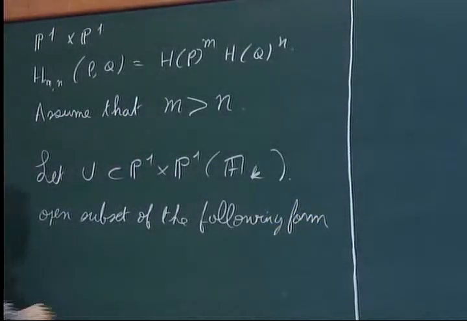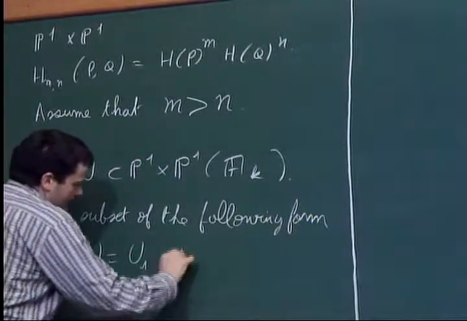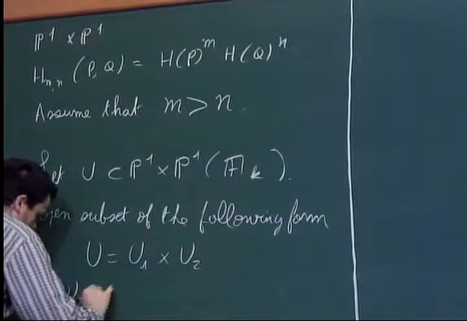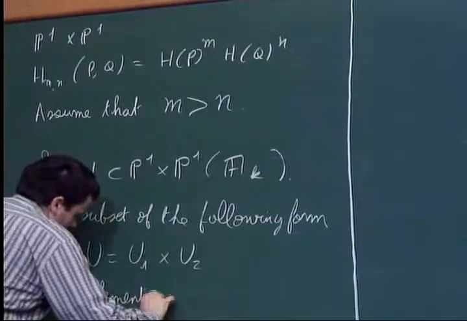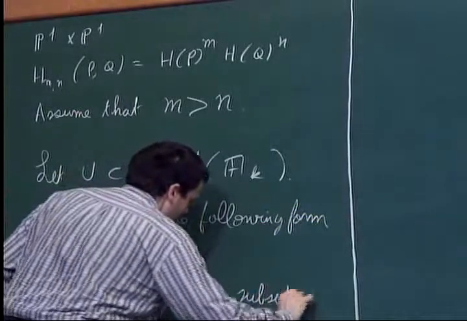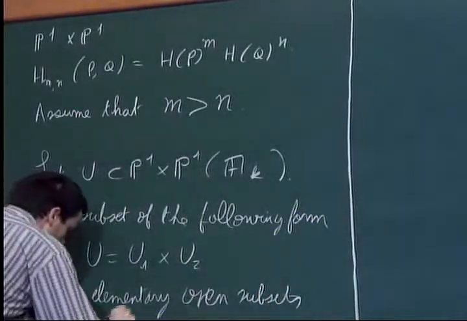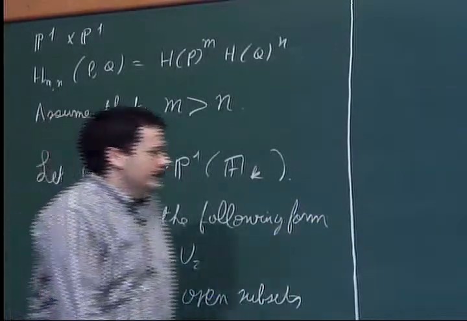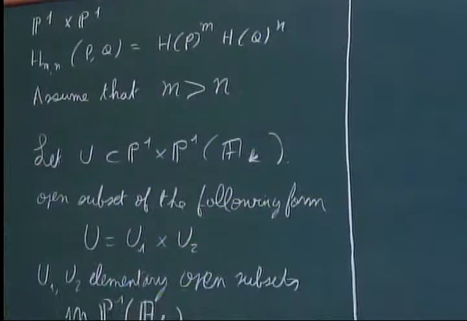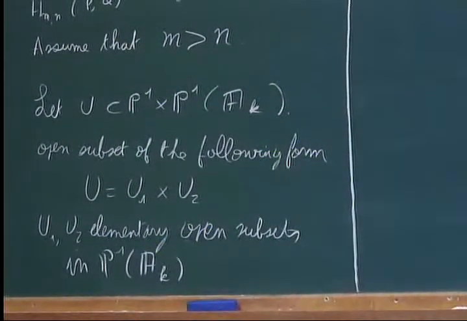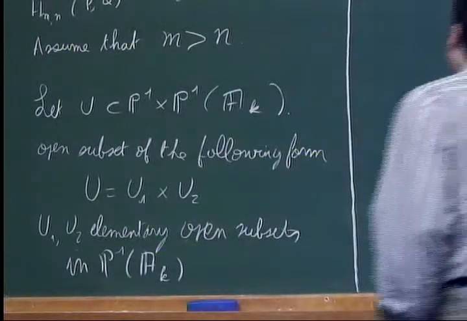So I take it to be a product of two, in fact, elementary open subsets in the adelic points of the projective line. So in that case, I proved yesterday that on P1 we can describe the number of points which are in each of these subsets.